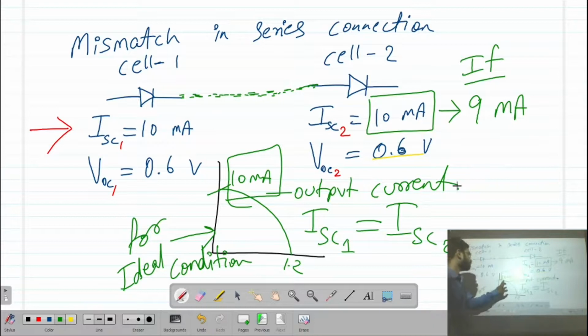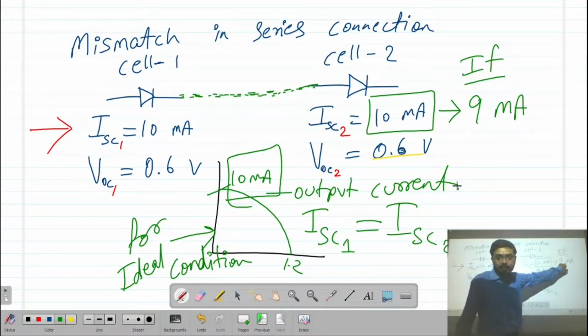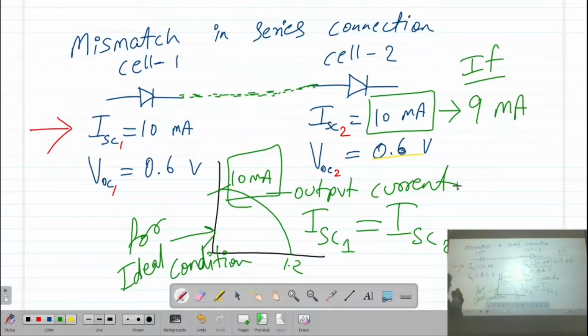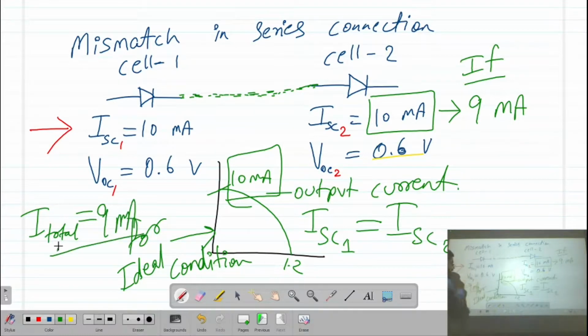Now, if cell 1 is having 10 milliampere and cell 2 is having 9 milliampere, then I total will be 9 milliampere. It will not give 10 milliampere of current. The current will be restricted.